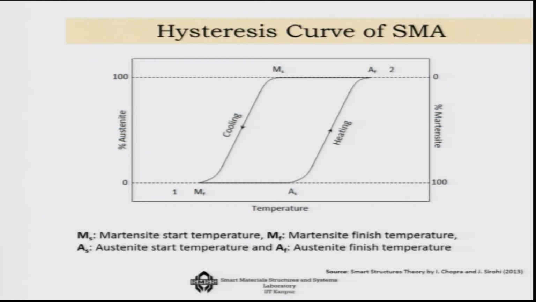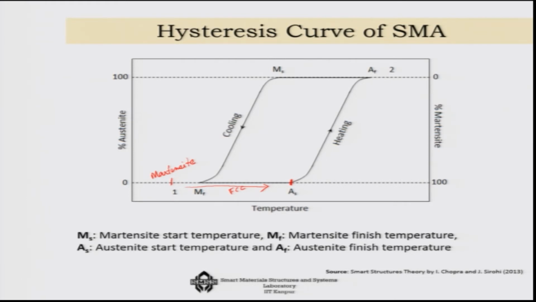If you take a sample at a very low temperature, we expect it to be somewhere at a completely martensite phase, and if there is no other stress, it is supposed to be at the twinned martensite phase. As I am increasing the temperature gradually, we come to a point called austenite start, AS. So far it is at the twinned martensite state, with an FCC structure, as we have already discussed.